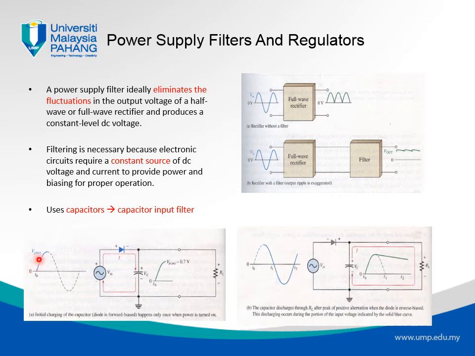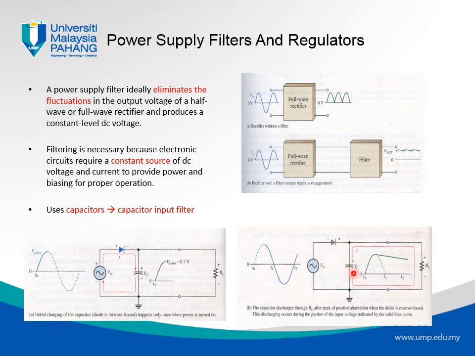As we look at the input voltage waveform, when it increases on the positive side, from 0 to V peak, the current circulates in the diodes and goes into the capacitor. Therefore, the capacitor will be charged up to the value of V peak. Once it goes beyond V peak, the input voltage starts to drop, and the capacitor will see that there is a voltage drop.